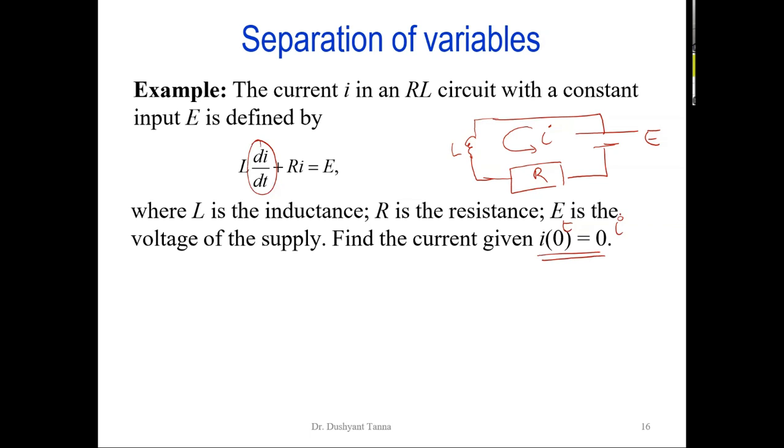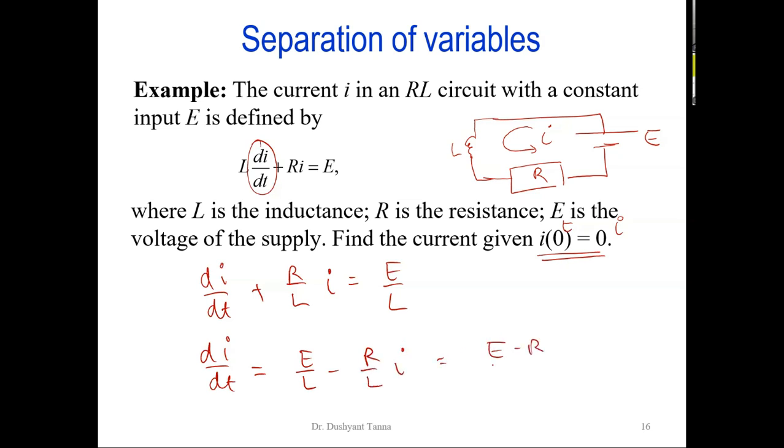Okay, let's get started. First thing first, L di by dt plus R I is equal to E, so di by dt is equal to E over L minus R over L I, dividing by L. Or I can say di by dt is equal to 1 over L times E minus R I. No, R I here, sorry.